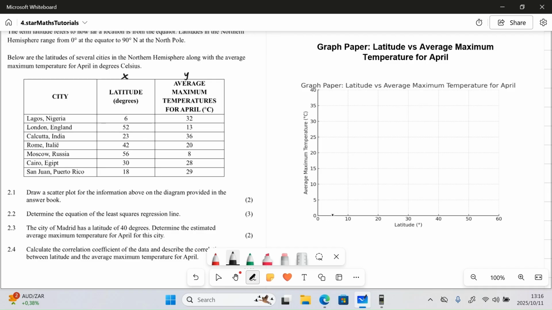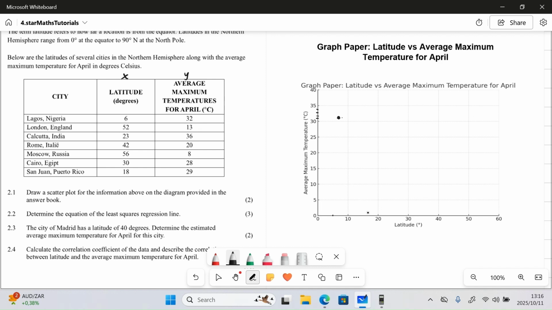Somewhere there is going to be 5, then 6 is after 5. So 6 and 32. So 32 is somewhere there.